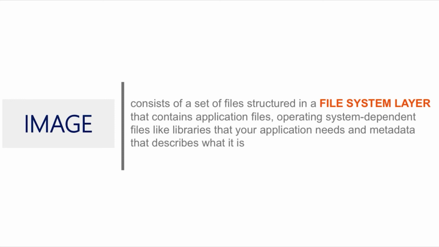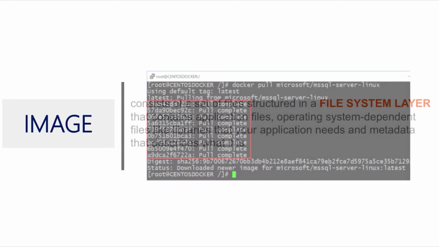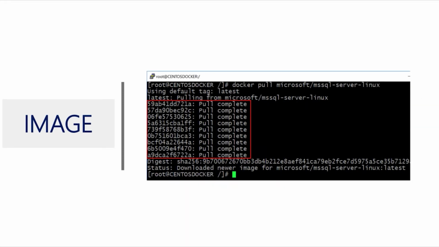But the thing that differentiates these two will be the instruction manual. The way you build the Batman Lego set will be different from the way you build the Star Wars Lego set. Every single layer is what makes up an image.